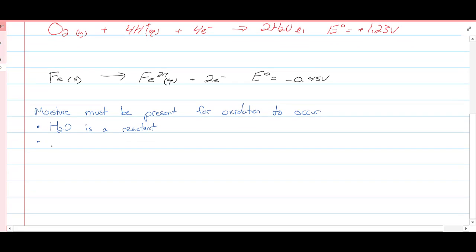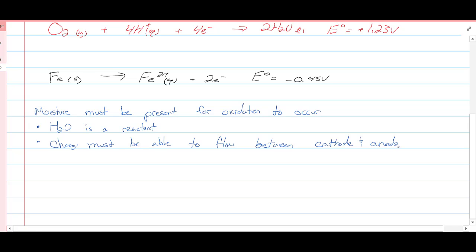Also, charge must be able to flow between the cathode and the anode, or the anode and the cathode. So we got to have charge flow.